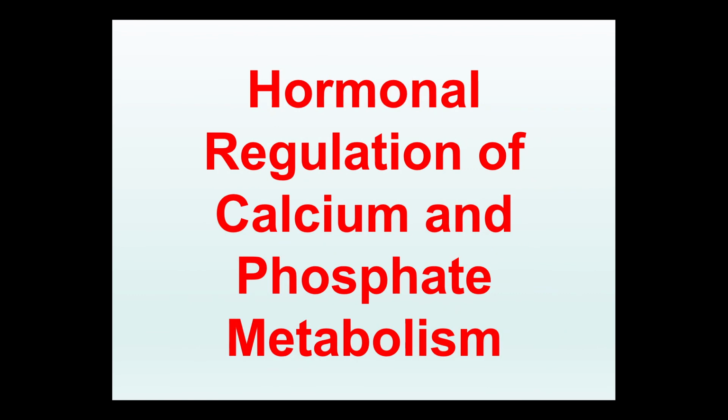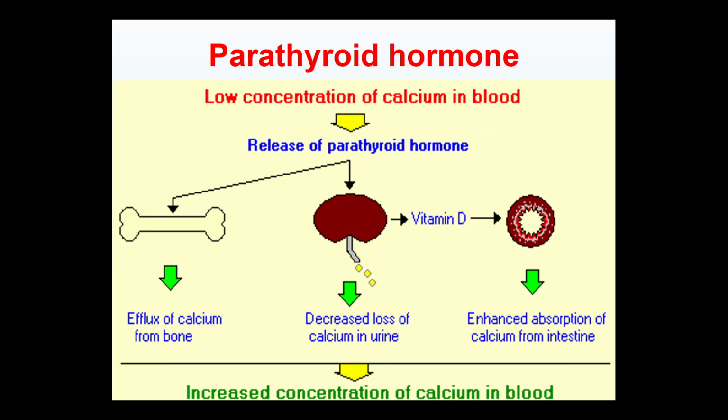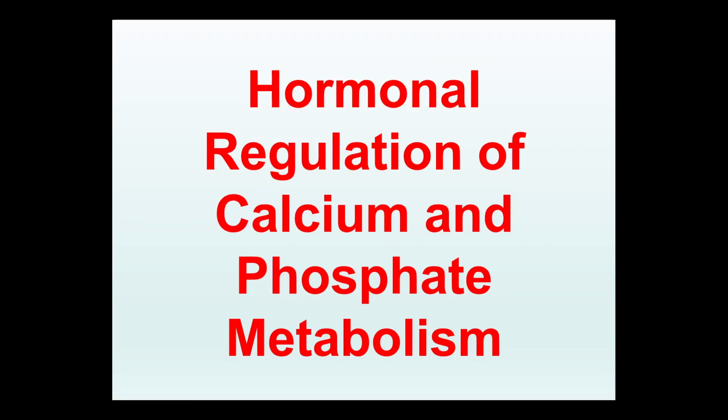And the last hormones that we will discuss today are the hormones that take part in regulation of calcium and phosphate metabolism in our body. You know that calcium is an essential intracellular signaling molecule and also plays a variety of extracellular functions.